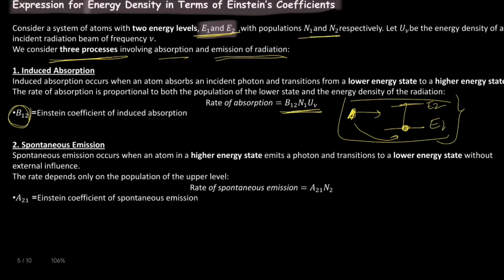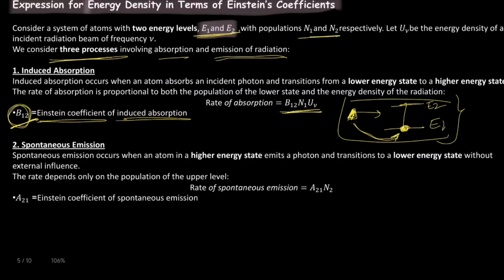What is this B12? B12 is nothing but the Einstein coefficient for induced absorption, which tells us the probability of an atom absorbing this photon. Sometimes it may absorb and sometimes it may not absorb. So that is chance, probability. That probability is defined as the Einstein coefficient.